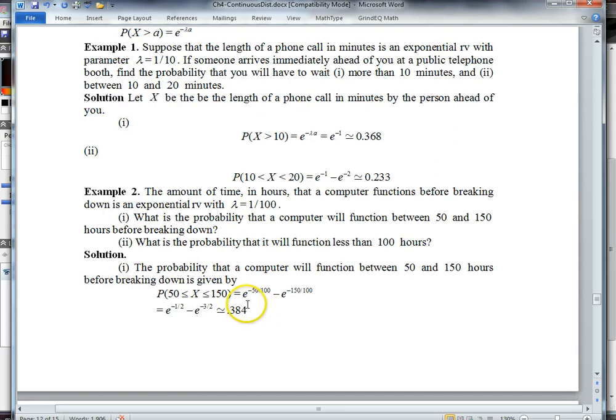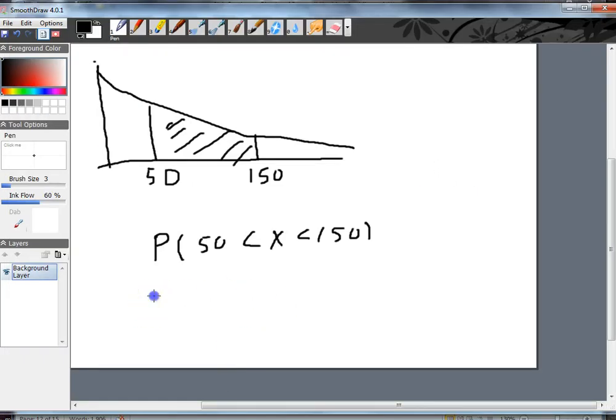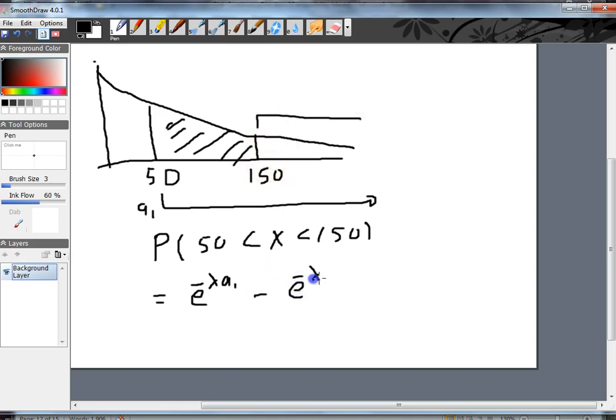This is going to be equal to the whole area under the curve, which is e to the minus lambda a1, call this a1, which is 50, minus this whole area here, which is e to the minus lambda a2.